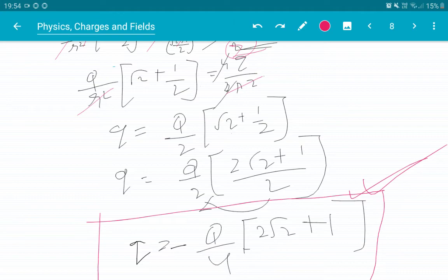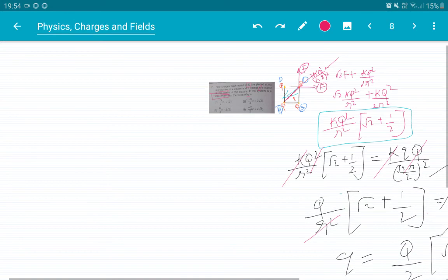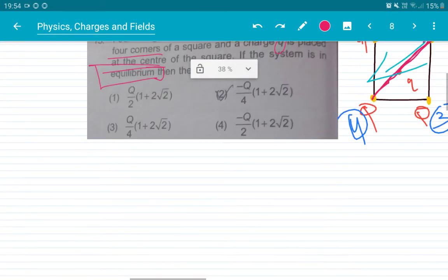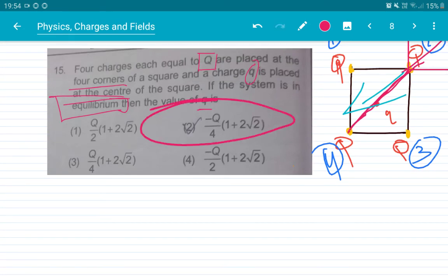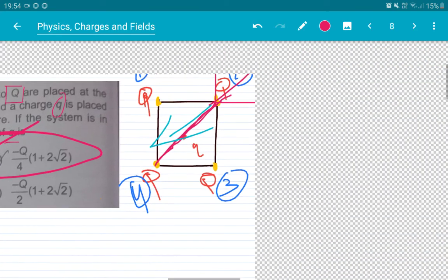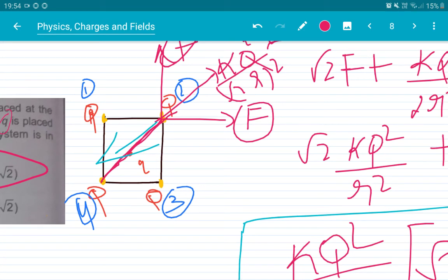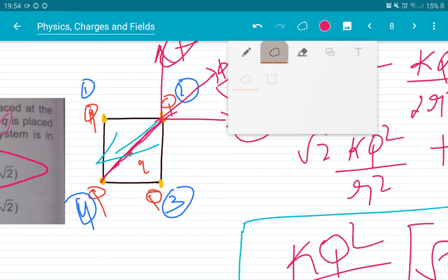So for confirmation also I'll show you the answer. This is the answer, and we got the same. So did you understand why we wrote minus q? Minus is because it is opposite. Let me show you, give me a second.